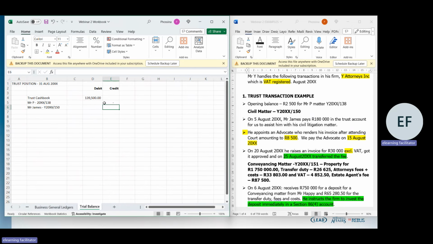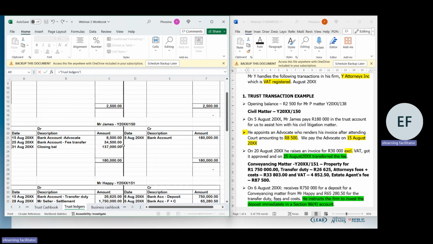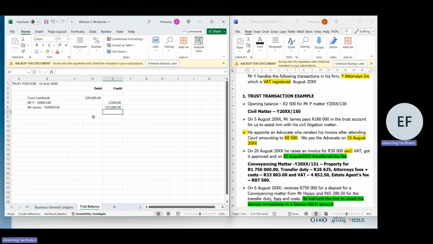So even in our trial balance, those are the accounts: this is 2,500, and this one is 137,000. If we add up and compare the two sides, you can see this is our trial balance, this is our trust position currently, before we do the supplementary.